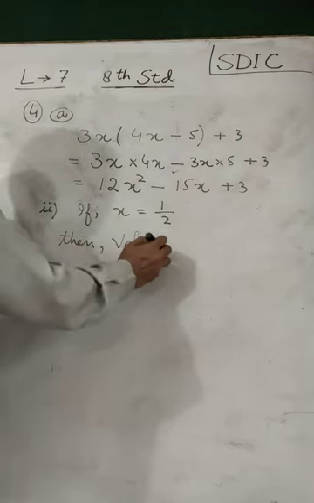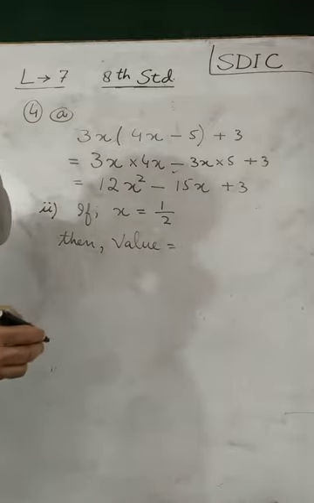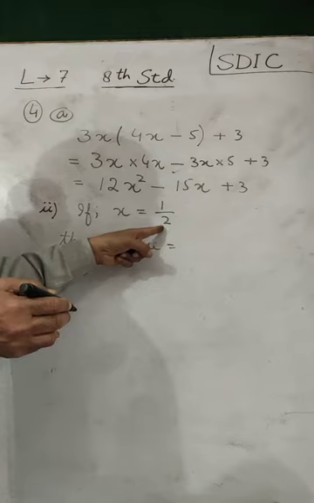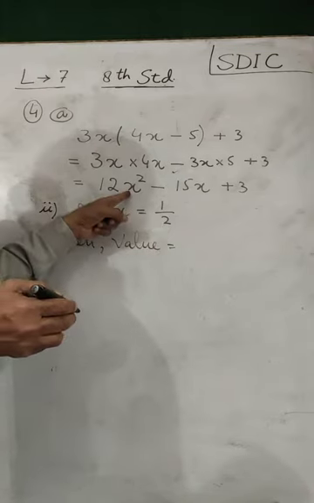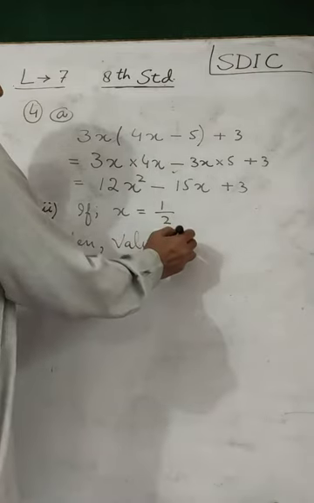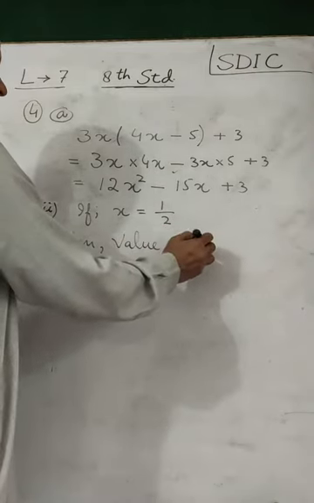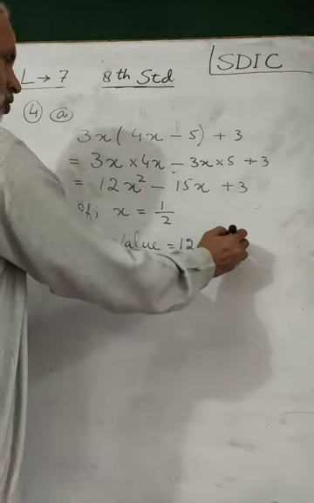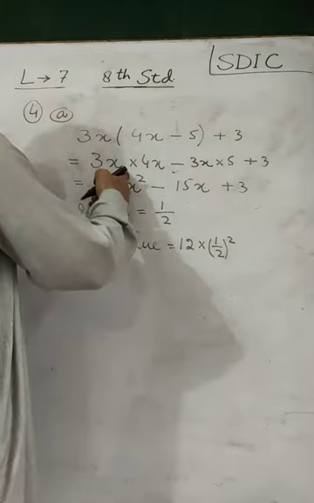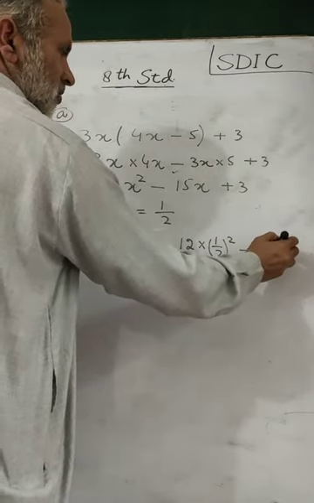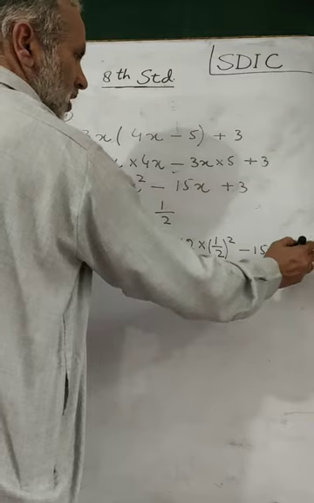This time we'll replace x by 1 by 2. Previously we replaced x by 3 because x was 3 there. Now it is 1 by 2. So wherever we have x, you have to use 1 by 2. And the square of 1 by 2 will be put, because x has a square in the first term. Minus 15 multiplied by, again for x, 1 by 2, plus 3.